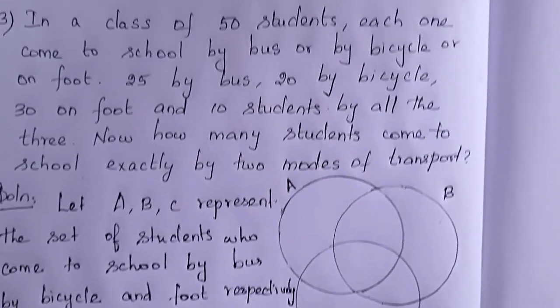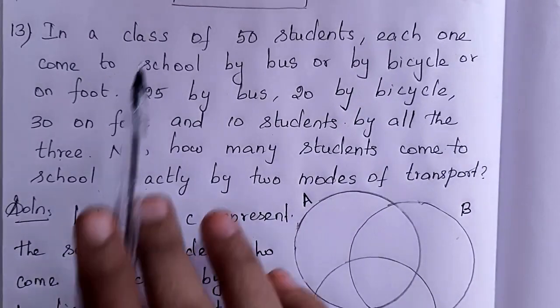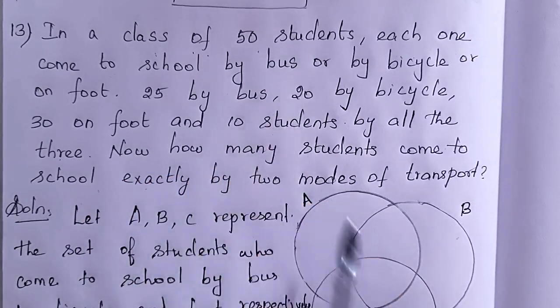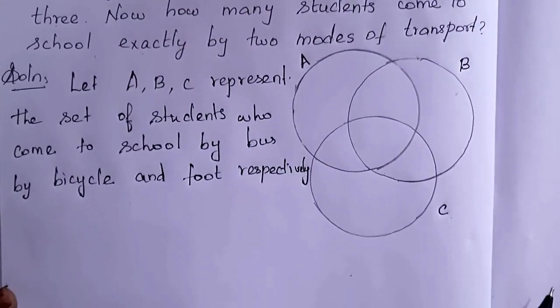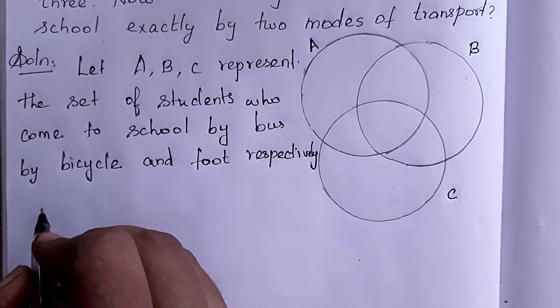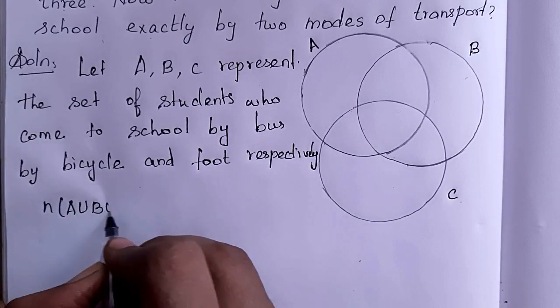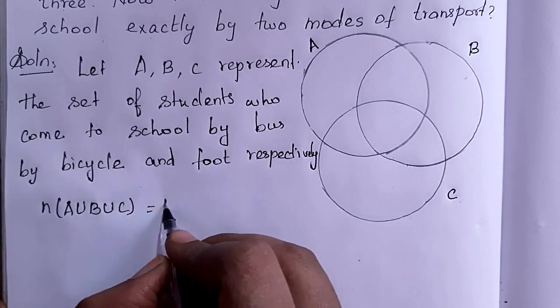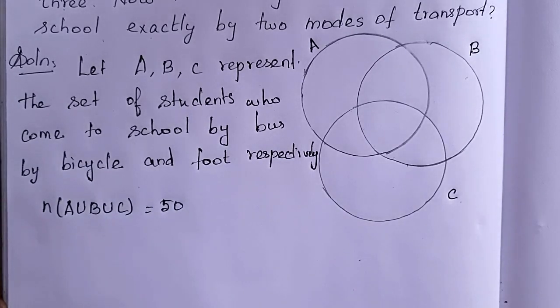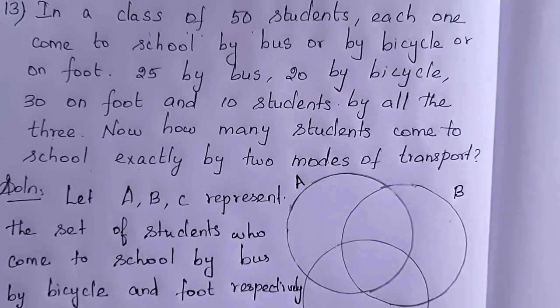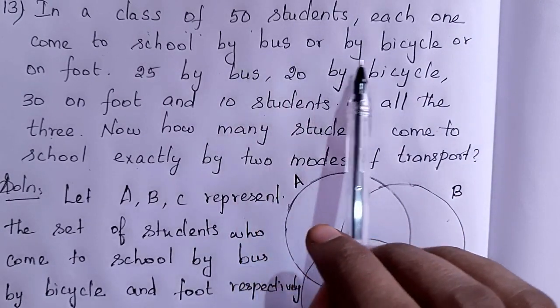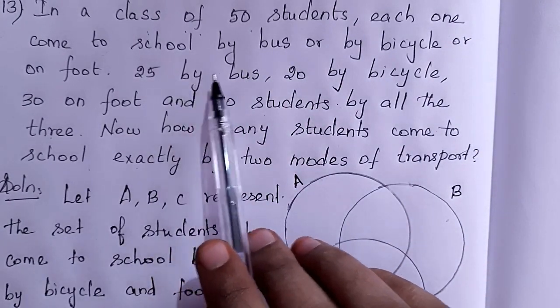Okay. See the question. In the class of 50 students, so the total number of students is 50. So we can take that as N of A union B union C equal to 50 students. Next, what is given? 25 by bus.